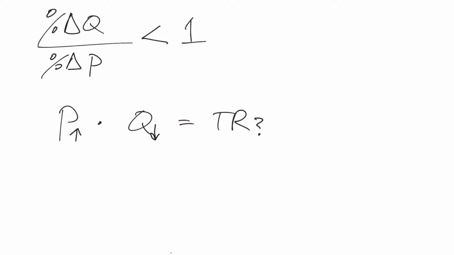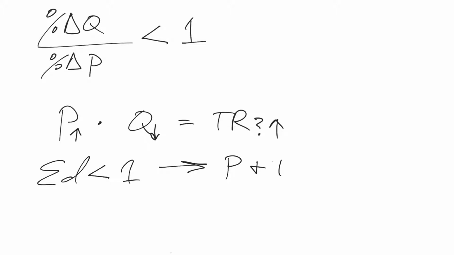So that means that price will dominate and total revenue is going to move the same direction price is going to move. So, if elasticity of demand is inelastic, that means price and revenue are going to move together. They're going to move the same direction.